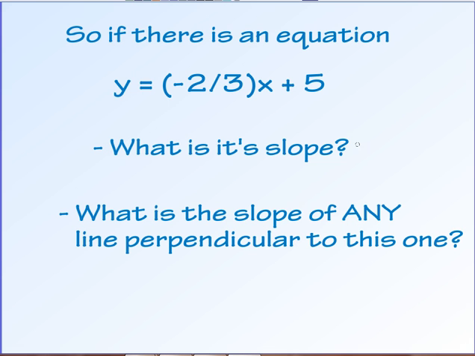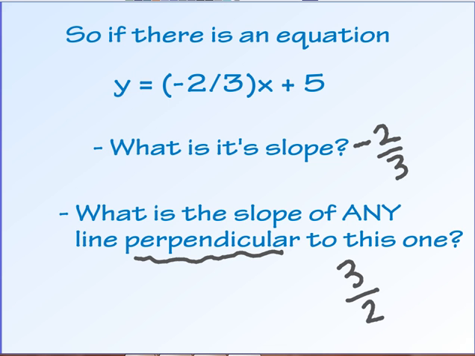If my original slope was -2/3, perpendicular slopes again are opposite reciprocals. Opposite sign, so my new slope is going to be positive, and reciprocal means to flip the fraction upside down, so I get 3/2 instead of 2/3. Positive 3/2 and -2/3 are perpendicular slopes.